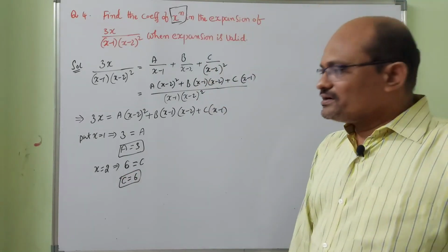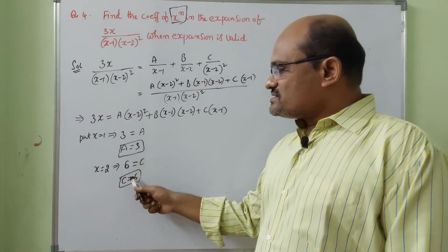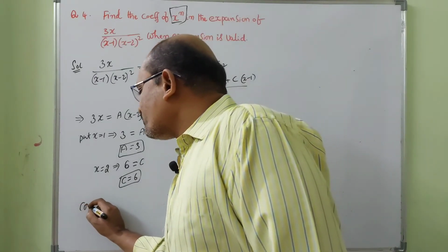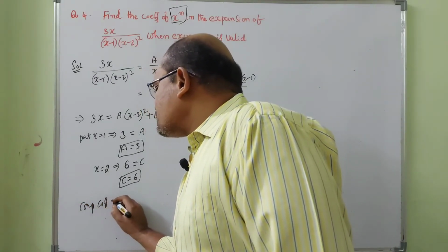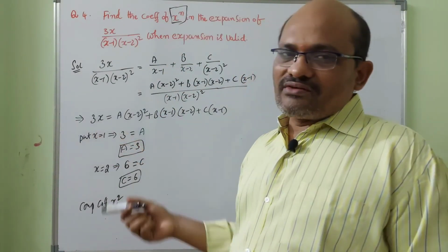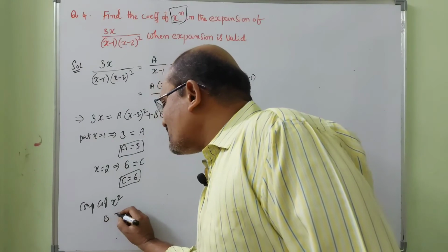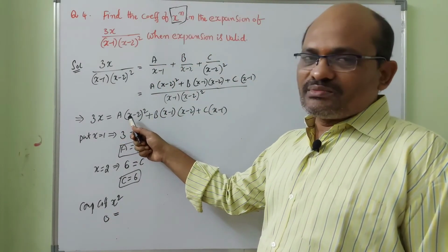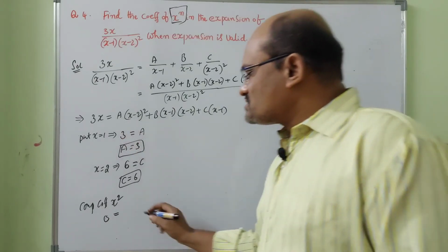Now we got A and C, we have to find B. For that I will go for equating the coefficient of x square on both sides. On the LHS we don't have x square, so the coefficient of x square is 0. Here in the expansion of (x minus 2) whole square, the first term is x square, multiplied with A, you will get A x square.